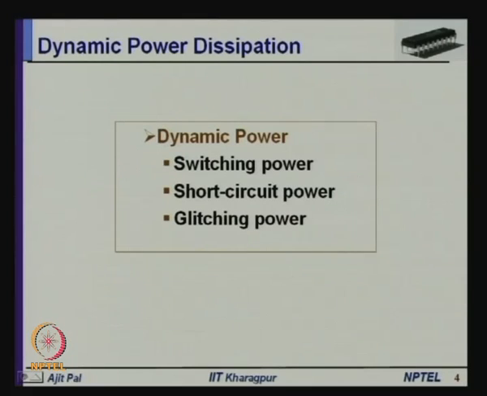And again the dynamic power has three components which I mentioned in my first lecture. The three components are switching power, short circuit power and glitching power. So, these three different types of power dissipation occur when the circuit is in operation and are categorized as dynamic power, and switching power is the most important component which I shall discuss in this lecture.